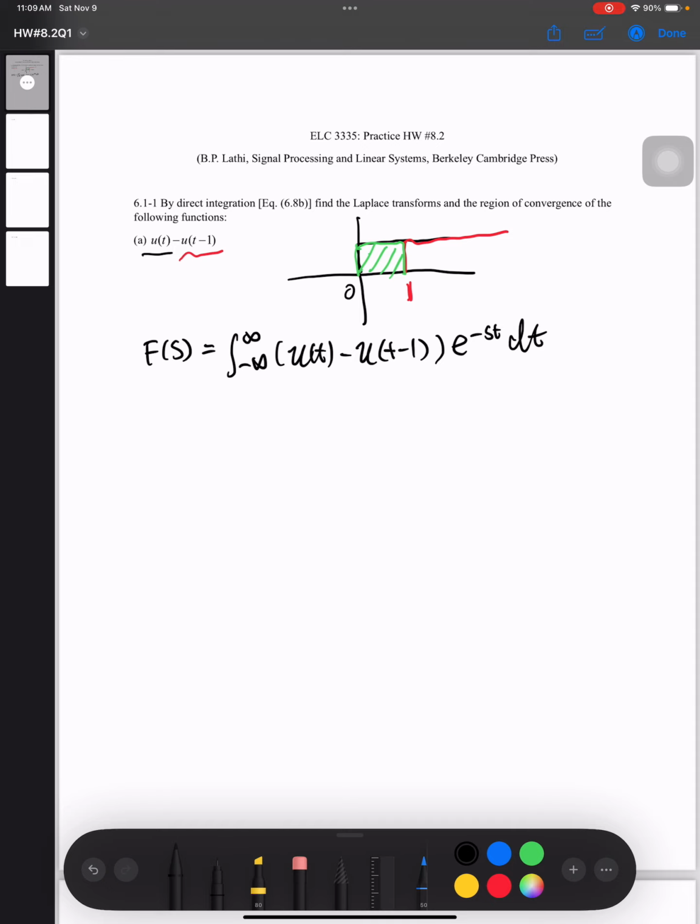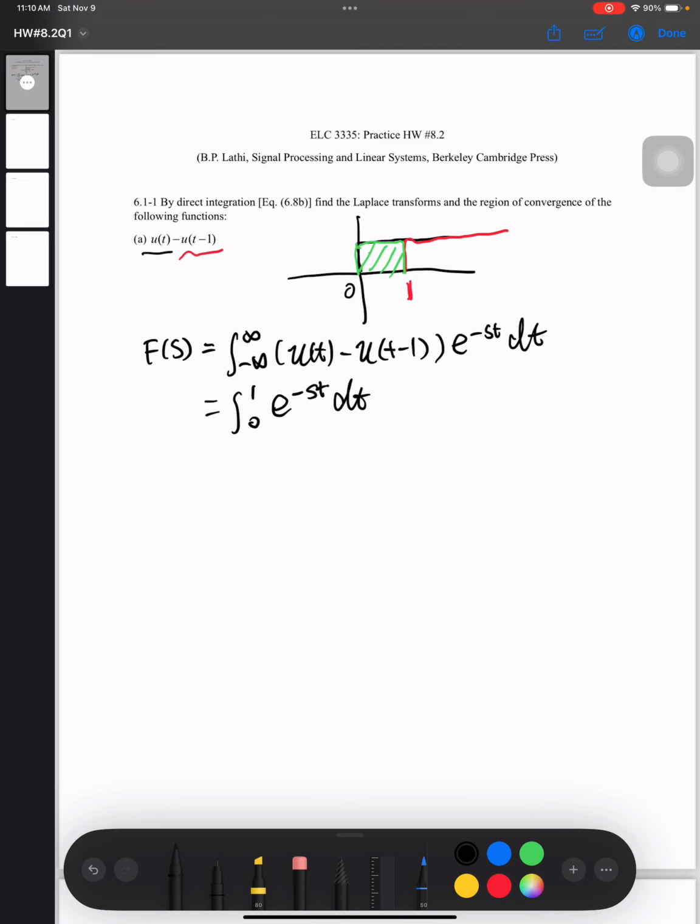We can see, because it's a green part, we can simplify this to the integral from 0 to 1 of e^(-st) dt.